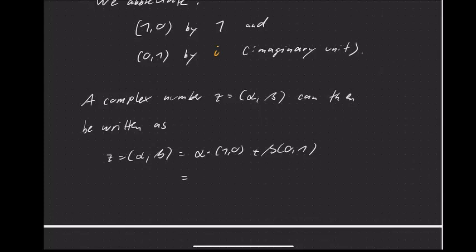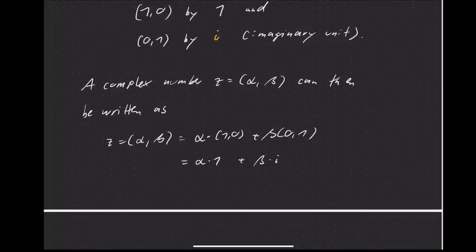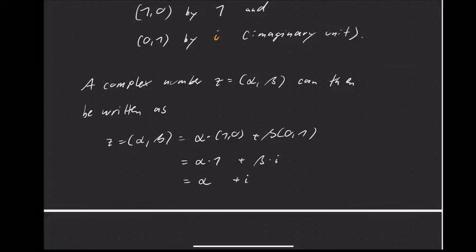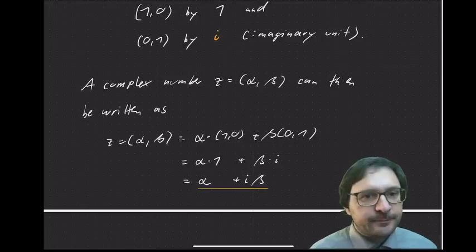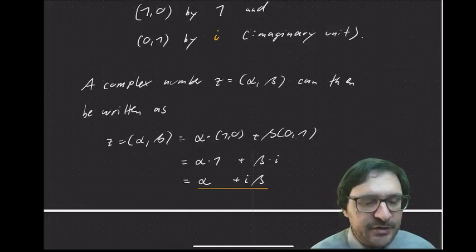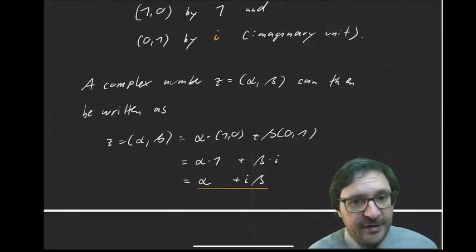And that's the same as alpha times 1 plus beta times i. And then we'll also apply the convention. We usually don't write the real 1, so we just write alpha here. And the i usually goes in front. So that's alpha plus i beta. And that is, in fact, the usual way to denote complex numbers. You write those both parts as a sum, and you use the i to distinguish the real first part and the imaginary second part.